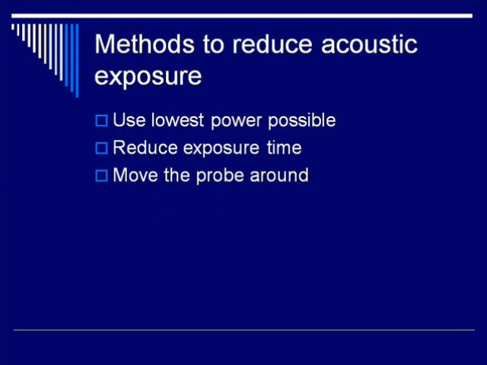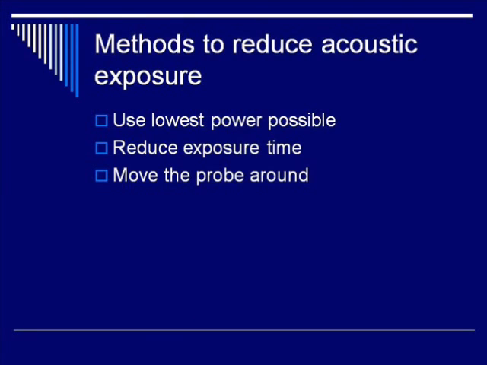I'd like to briefly touch on some methods to reduce acoustic exposure. You always want to use the lowest power possible. If you do not have access to a power or a transmit gain knob on your machine, then the best way to do this is by using the appropriate manufacturer preset for the scan you're performing.